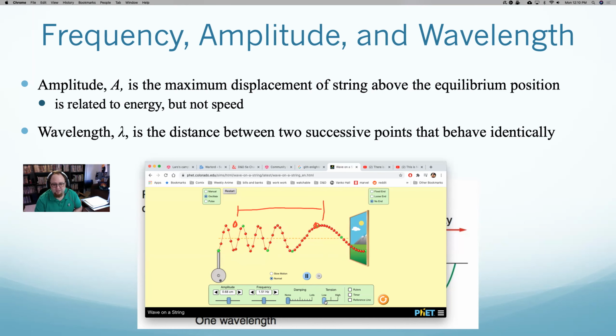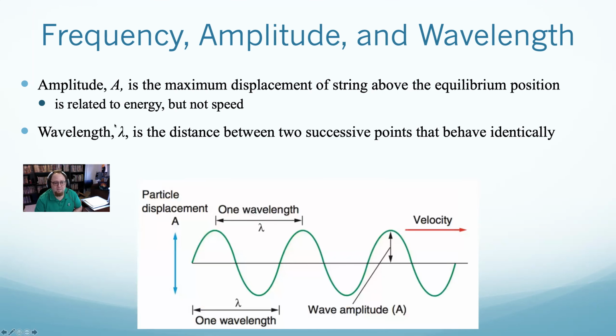Here's a very short wavelength, but it's just how far from peak to peak. Wavelength uses the symbol lambda. Lambda is a Greek symbol, looks like an upside down Y. And wavelength is traditionally measured in meters. It's just how far that distance is from peak to peak.